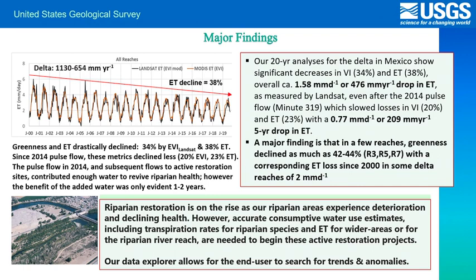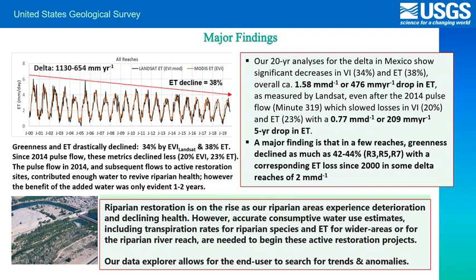That's a giant loss in water use based on a loss in riparian health. The pulse flow did add enough subsequent water to help the restoration sites and revive riparian health. And the benefit of this water was only evident for 1 or 2 years.